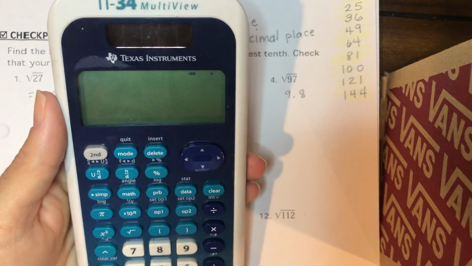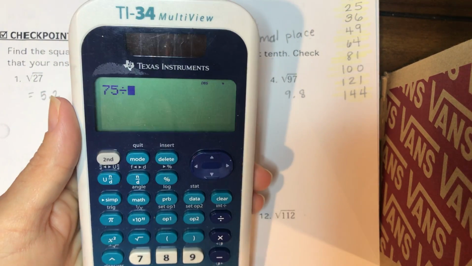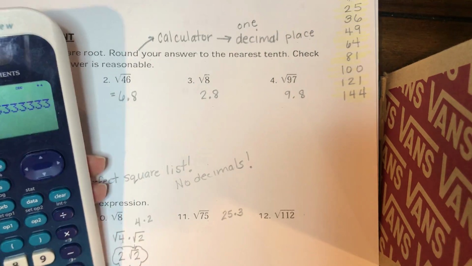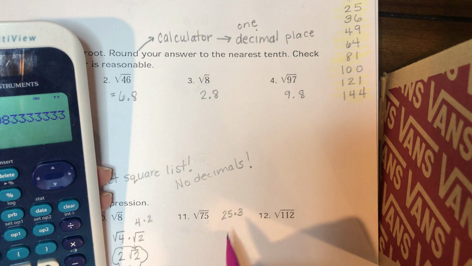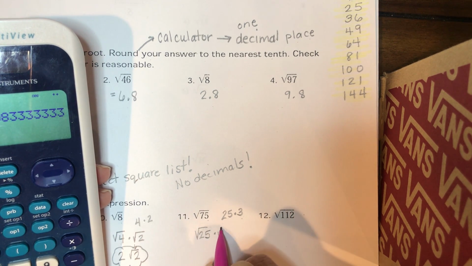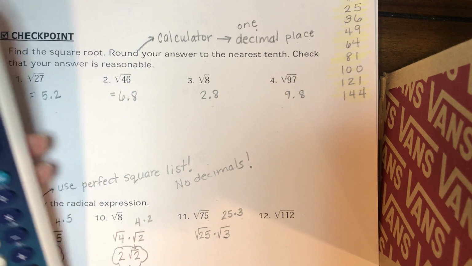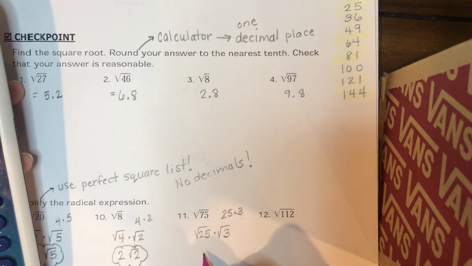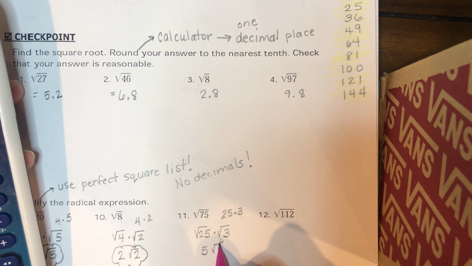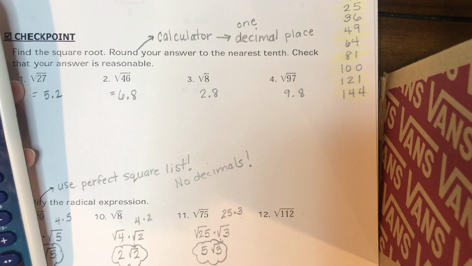Let's just try 36. 75 divided by 36. Nope, that doesn't work. So these are my numbers that simplify. Square root of 25 times the square root of 3. The square root of 25 is 5. Bring down your root 3. That is your final answer.